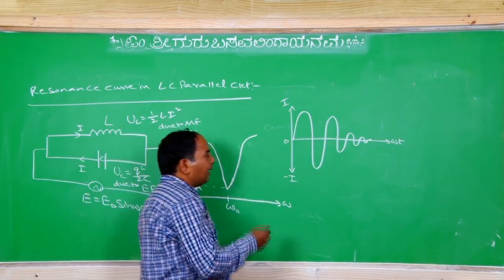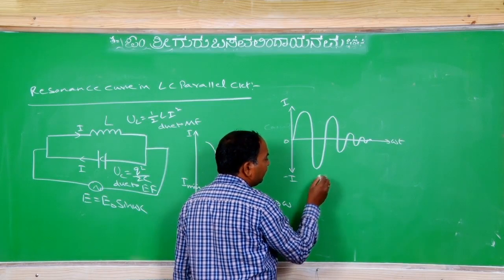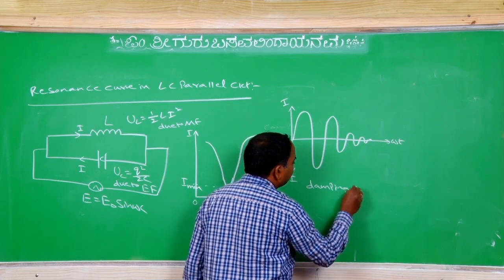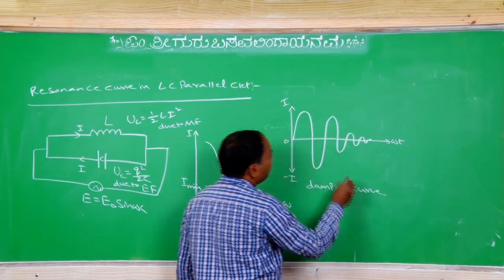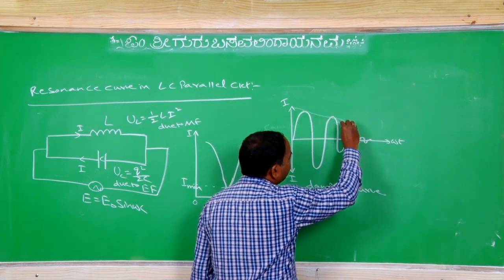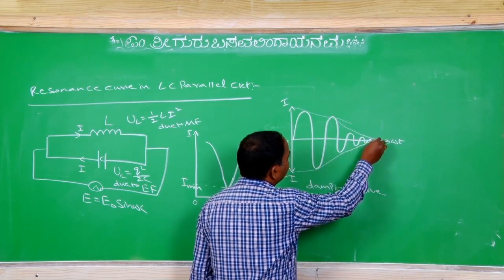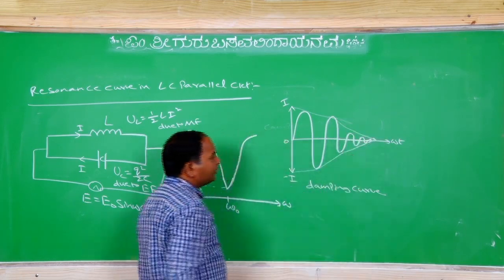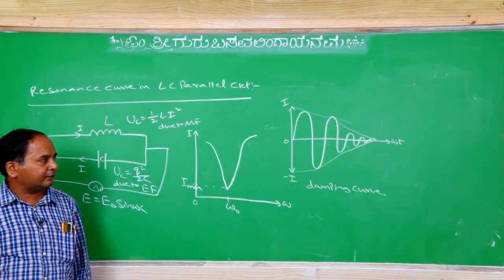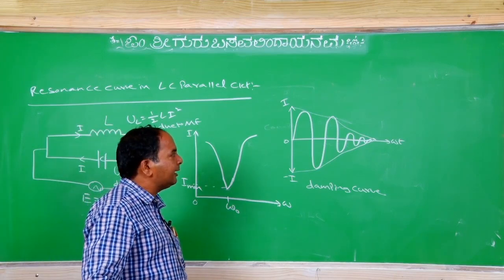That means the current curve with respect to the displacement is looking like a damping curve. Why? Initially, the amplitude is maximum, afterwards decreases, and finally becomes 0, in the case of the LC oscillation.